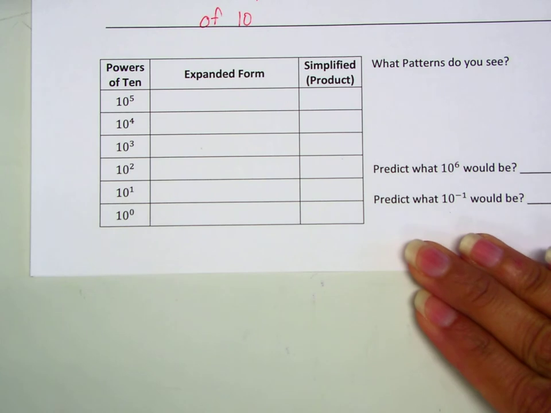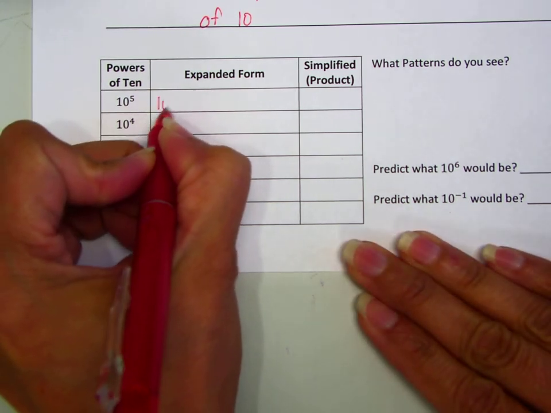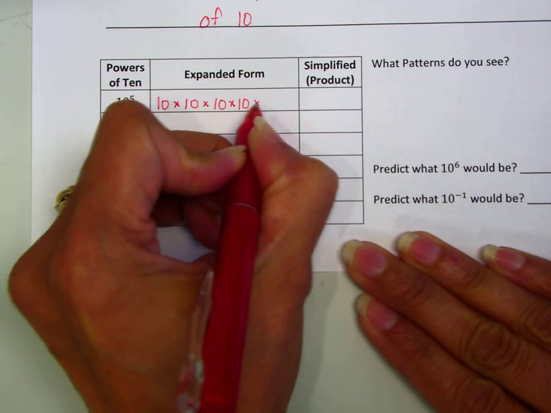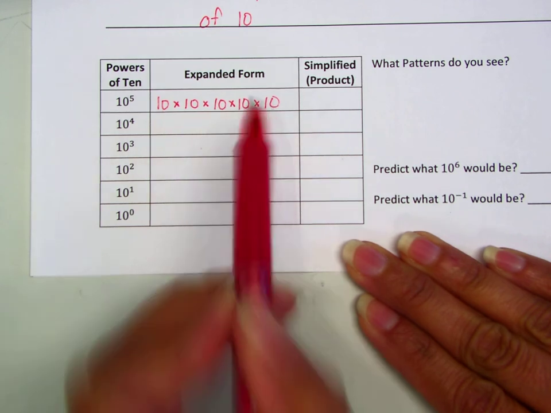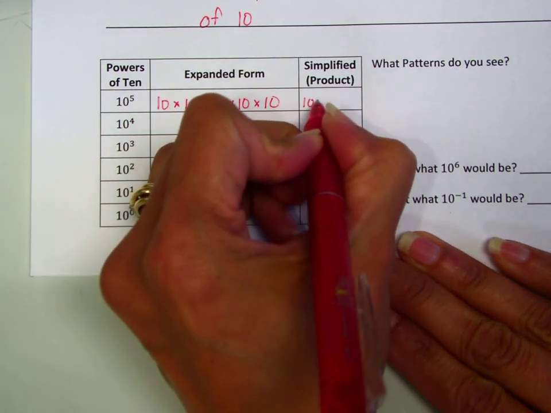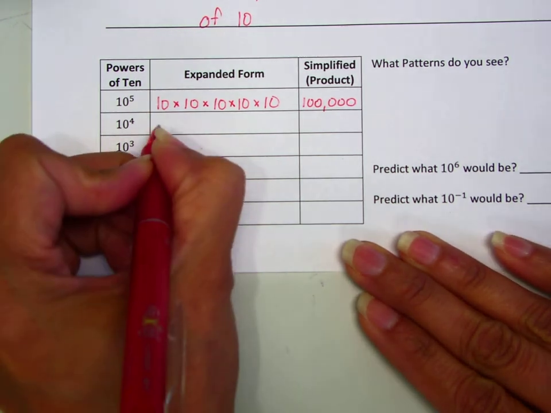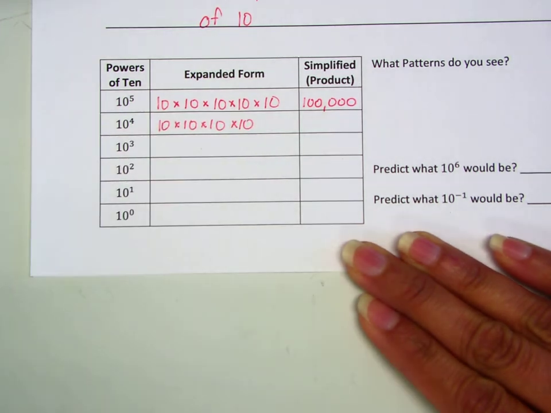10 to the 5th power means multiplying 10 by itself repeatedly 5 times. So when we expand it, we just write out the multiplication problem. 10 times 10 times 10 times 10 and one more times 10. 5 times. 1, 2, 3, 4, 5. And if you want to use your calculators to figure out the product, it's 100,000. So 10 to the 4th would be 10 multiplied by itself 4 times.